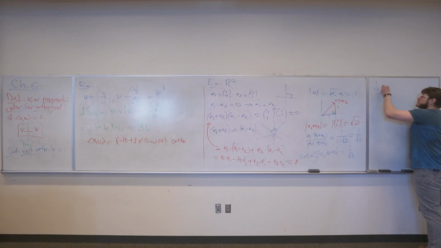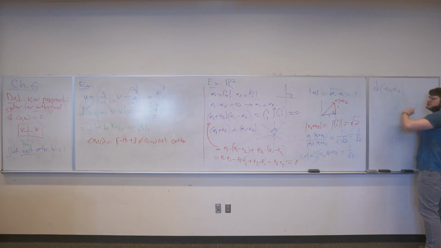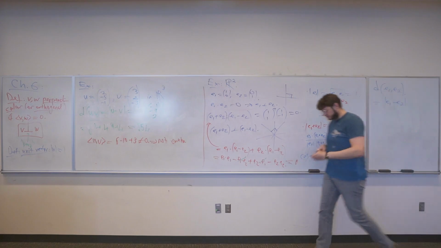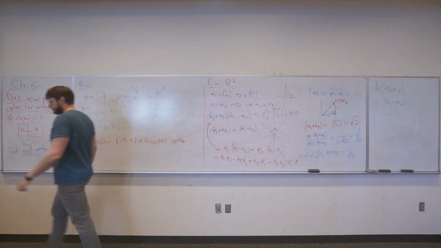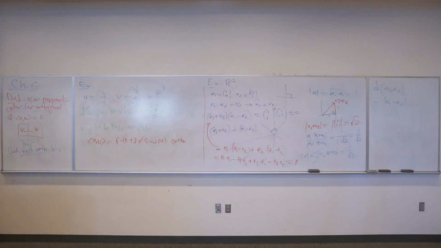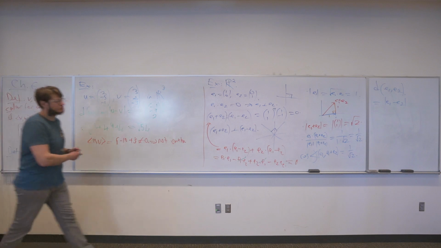So the distance between E1 and E2, well, this is the norm of E1 minus E2. Which I hope you would agree with me, that is root 2.